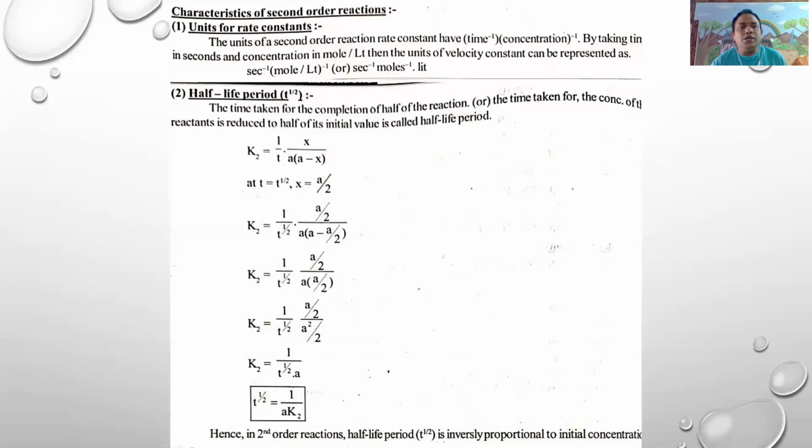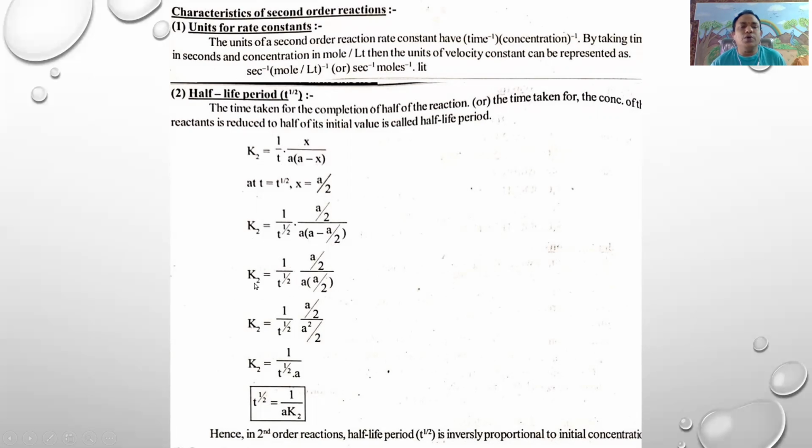substitute t equal to t-half and x equal to a by 2 in the second order rate constant equation, that is K2 equal to 1 by t into x by a into (a minus x). While substituting t equal to t-half and x equal to a by 2 in the above equation, K2 equal to 1 by t-half into (a by 2) by a into (a minus a by 2).